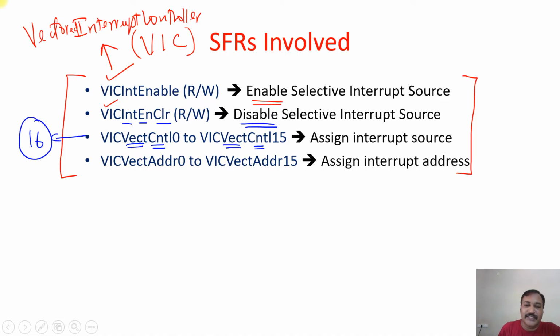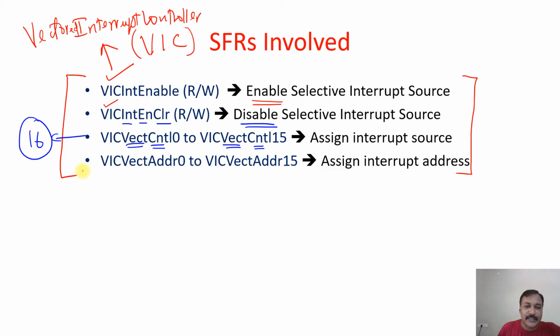So there are totally 16 such SFRs: Vector Interrupt Controller Vector Control 0 to Vector Control 15. This is the most important SFR, wherein we will assign a particular interrupt source to a particular slot in the Vector Interrupt Controller.